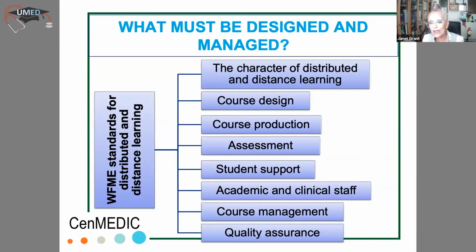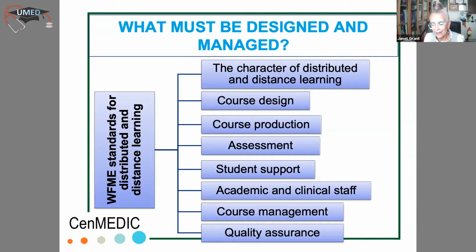These are the things which the WFME standards deal with. They talk about in the introduction the character of distributed and distance learning. And then we've got standards for course design, for course production, for assessment, for student support, for the support of academic and clinical staff.